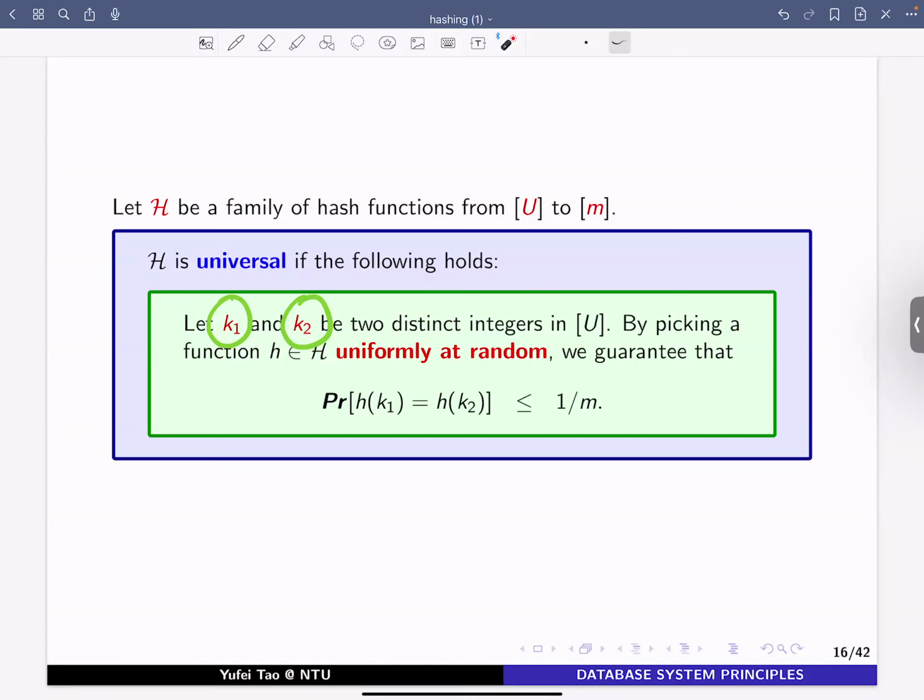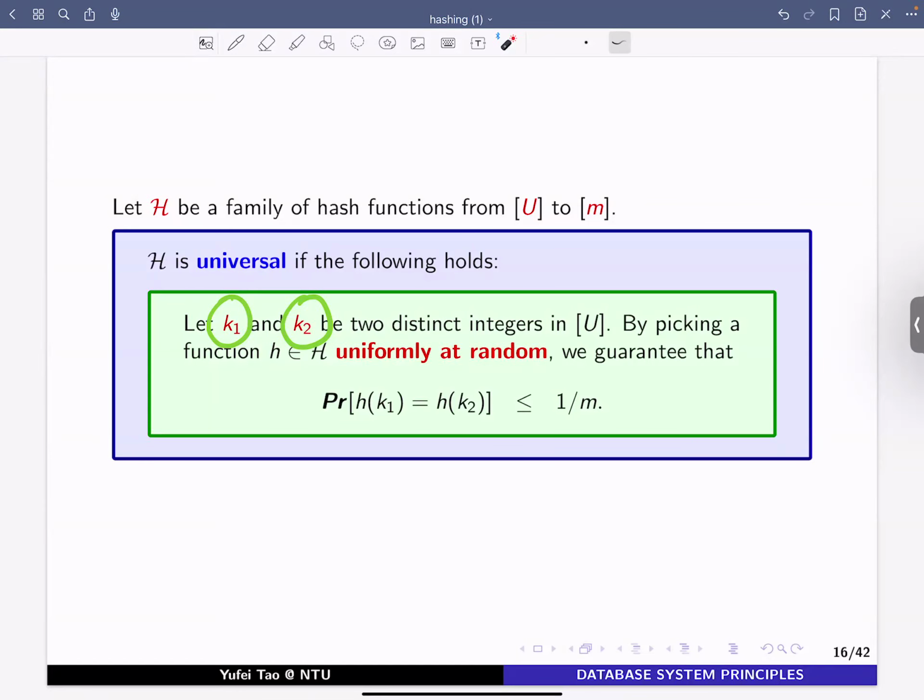If you think about it, there are m buckets in front of you, and even if you throw every key to a random bucket, you believe that the probability should be something like 1 over m for a collision to happen. So this is very intuitive.